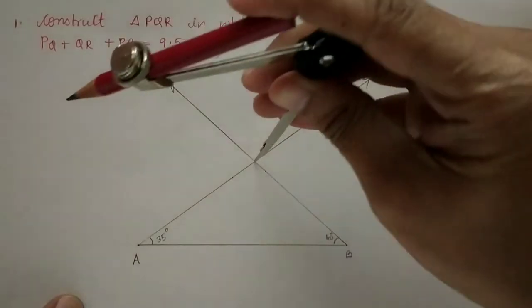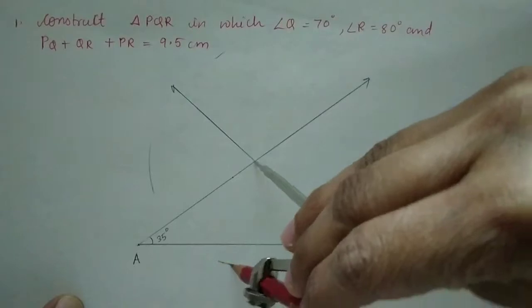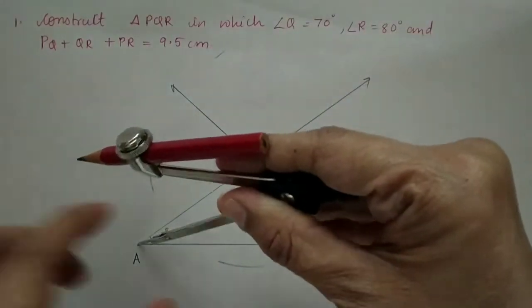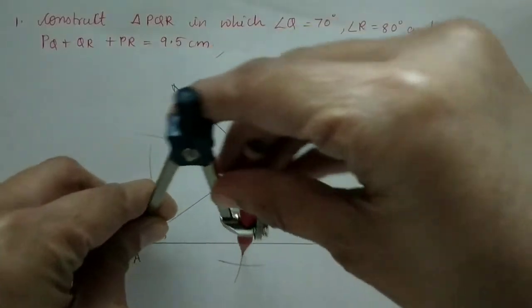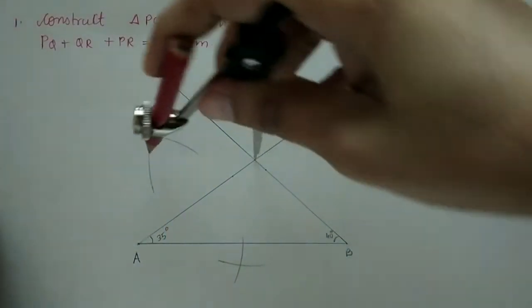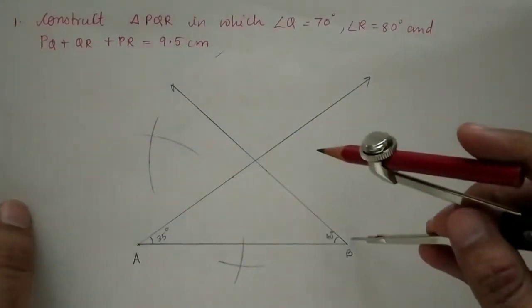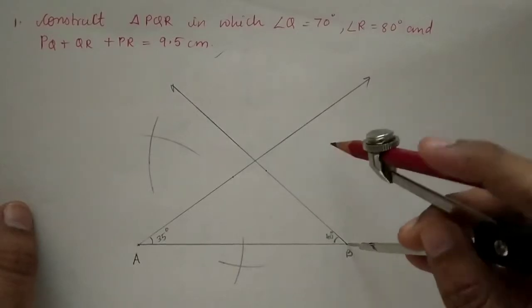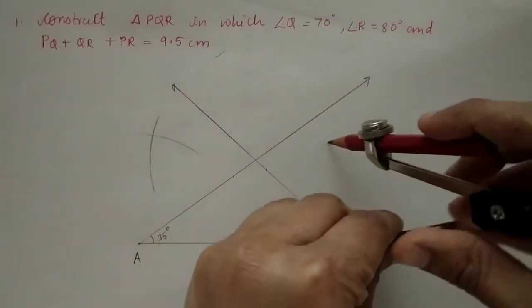Now I take this and I draw 1, 2, then I place it here, and I draw the perpendicular, 1 and 2. I need to extend this arc here. So I got the perpendicular bisector for this side. Now I'll do this for the other side. The same thing I'll do here and here.